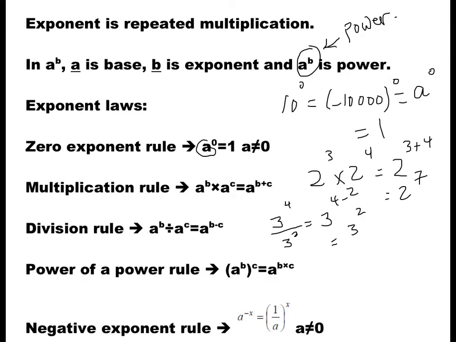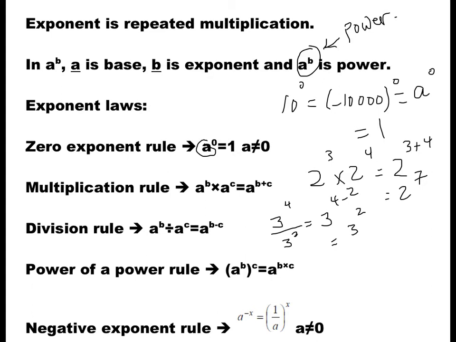The next one is called the power of a power rule. If I have a base to an exponent b, the whole thing to another exponent c, you just multiply the exponents. So a exponent b exponent c is a exponent b times c.